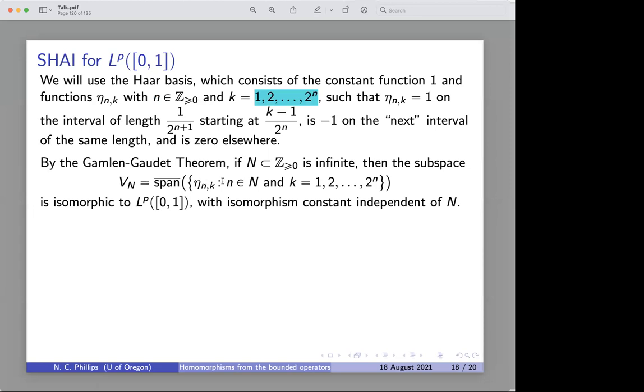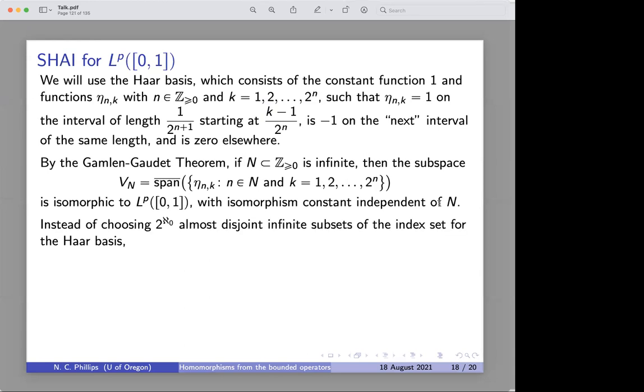And so I choose a random infinite subset of choices of length of interval, but for given length of interval, I have to use all of the intervals of that length. Okay, this part here is just some finite set. But if you do things that way, then the closed linear span is isomorphic to capital LP with an isomorphism constant which doesn't depend on the choice of the infinite set N.